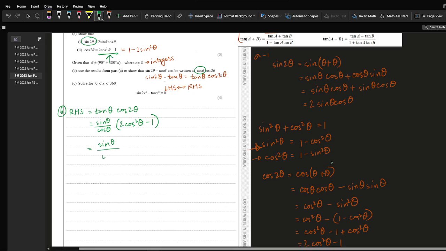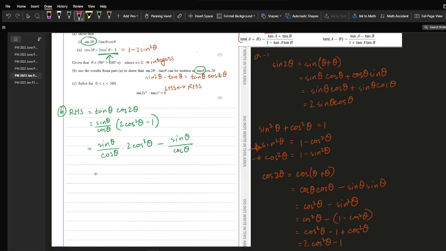Sine theta over cos theta into 2 cos square theta minus sine theta over cos theta. Now in this case, breaking down wasn't so helpful because we have to combine these two to get tan theta right here. Okay, we already have one part, we just have to find the other part.